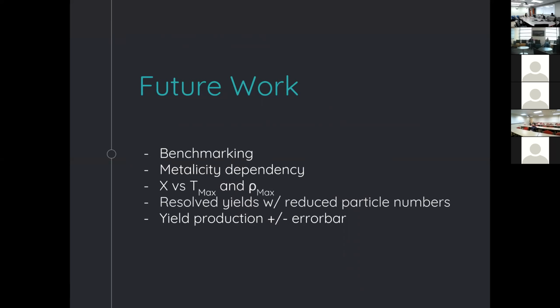Benchmarking, we'll continue to do this. Metallicity dependency, also continue working on that. And then the mass fraction versus Cmax and zero.